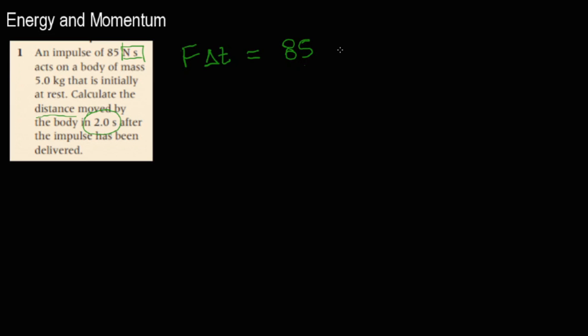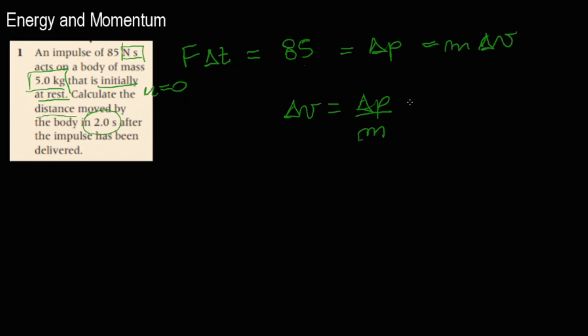Now the whole point here is, this is also the change of momentum, which is mass times change in velocity. We know that the initial velocity is 0. And the mass is 5 kilograms. So the change in velocity would then be our change in momentum, or our impulse, divided by mass.